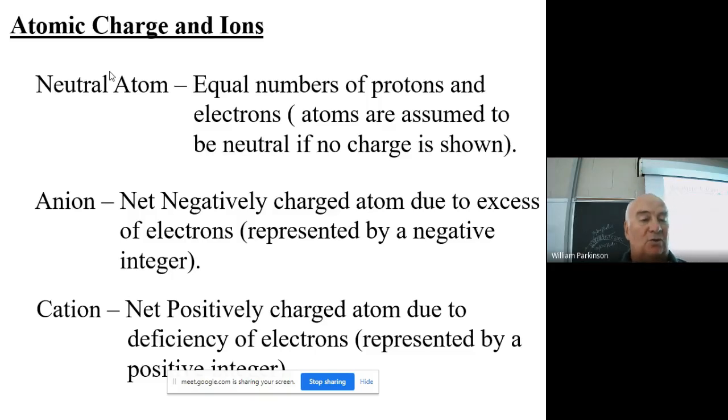The protons are too energetically strongly bound in the nucleus. They're never swapped. So we define what we call the anion as the negatively charged atom, because electrons are negative and anions have a buildup of electrons. So an anion is a negative atom because it has piled extra electrons onto it.